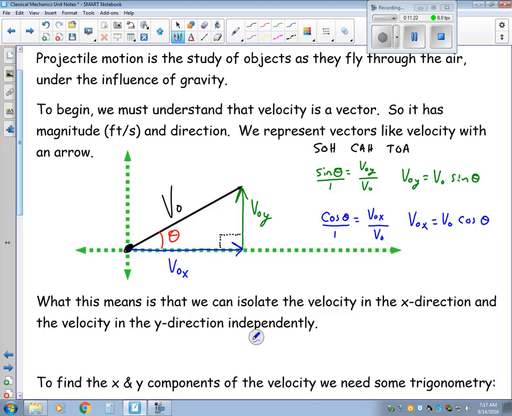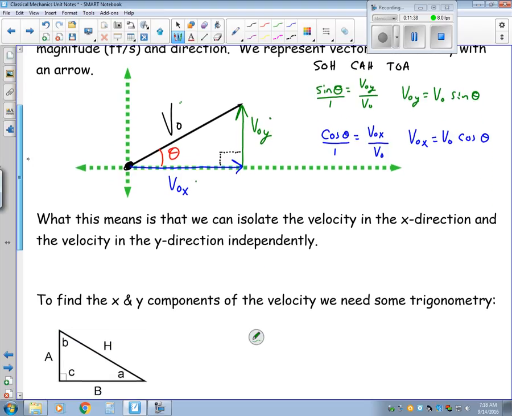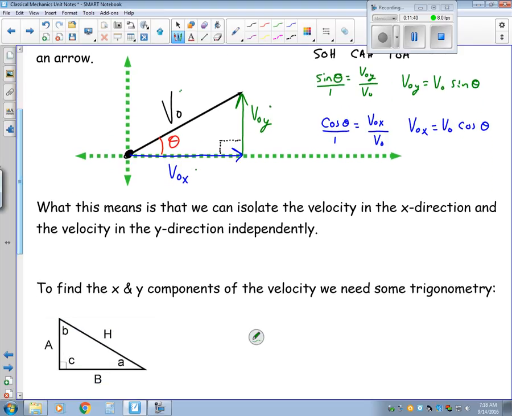Once I have numbers for v naught y and v naught x, I could do a little test. I can use the Pythagorean theorem, a squared plus b squared equals c squared, to see if I get that original v naught back. What this really means is that for any object flying through the air, we can isolate it into an x direction and a y direction. We can look at those directions independently.